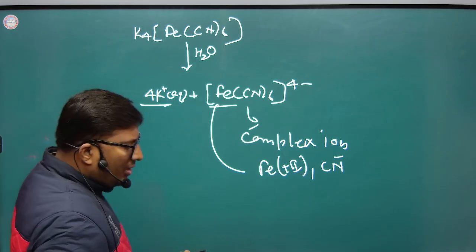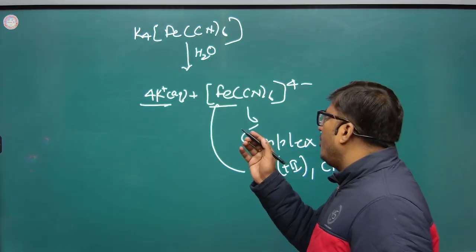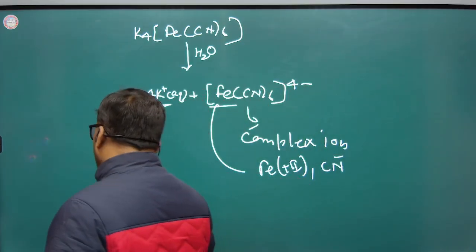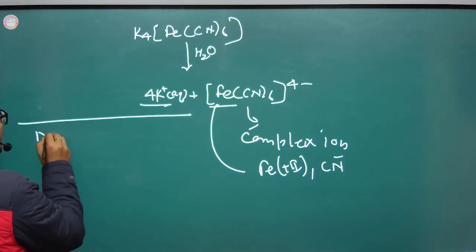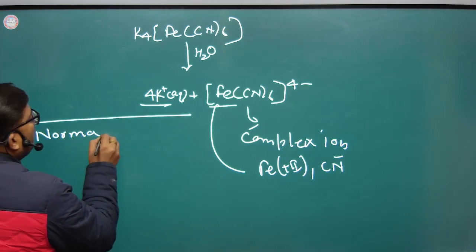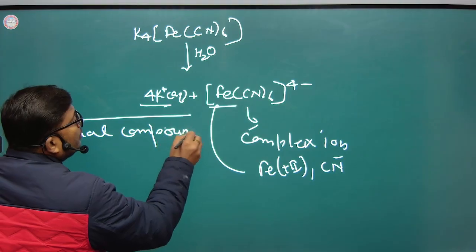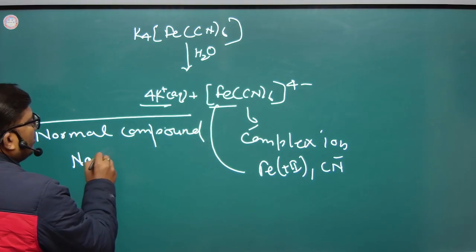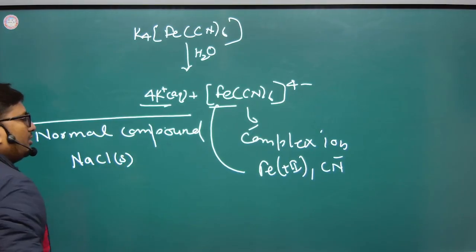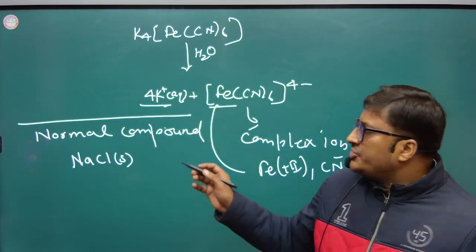Okay, so how is this coordination compound or complex compound different from a normal compound? Suppose we have a normal compound, let us consider sodium chloride, right? This is a salt and a normal compound.